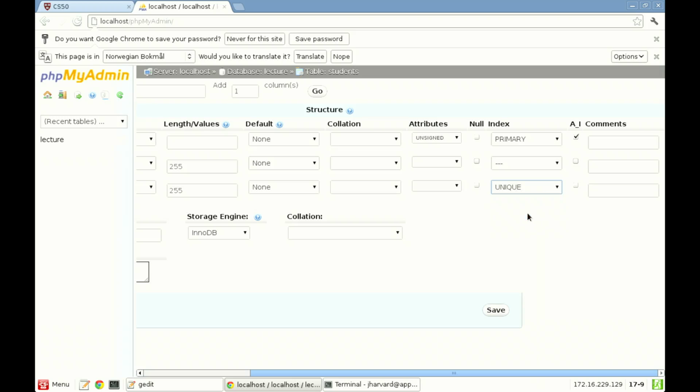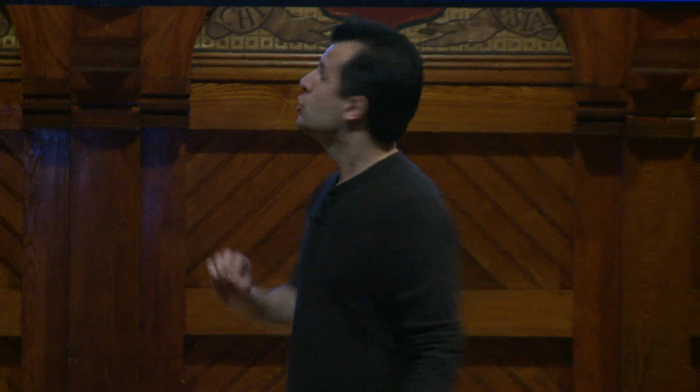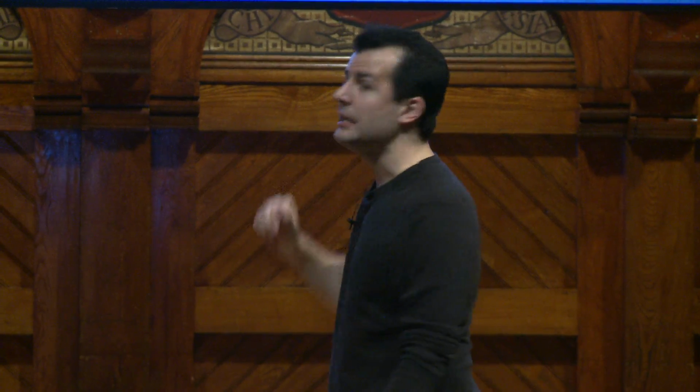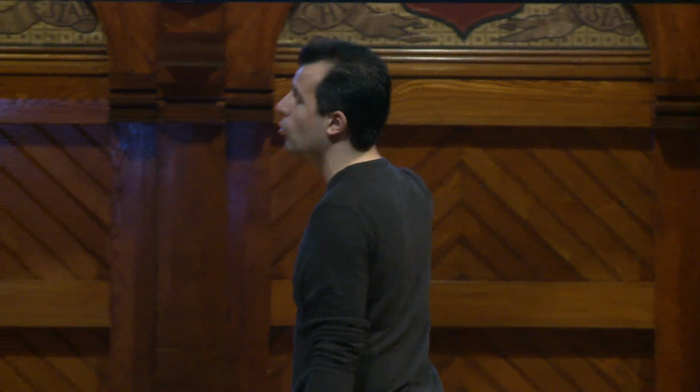But an email address should be unique. And one of the features of a database, too, is to enforce uniqueness for me. So by selecting unique here next to email, even though email itself is scrolled off the screen, I'm saying to the database, don't trust me. Don't let me insert into the database the same email address twice.